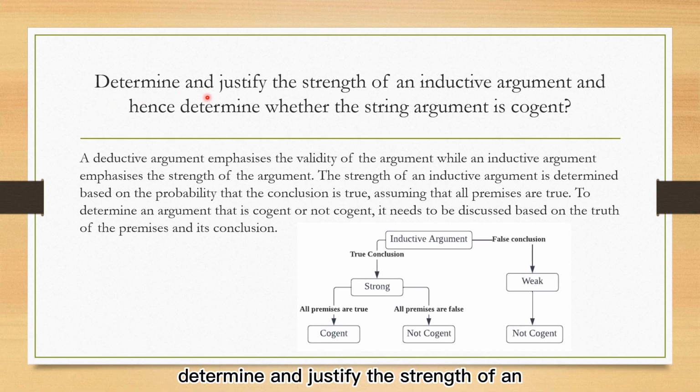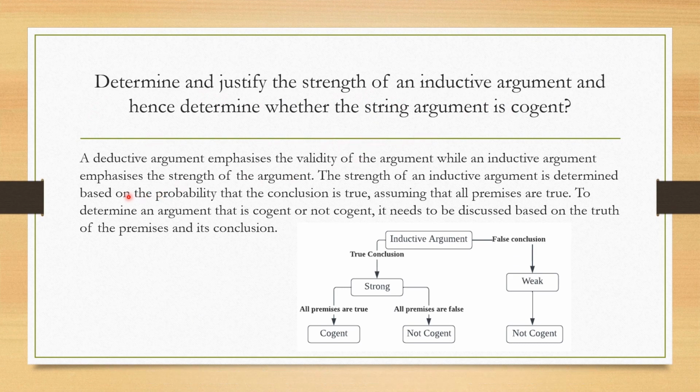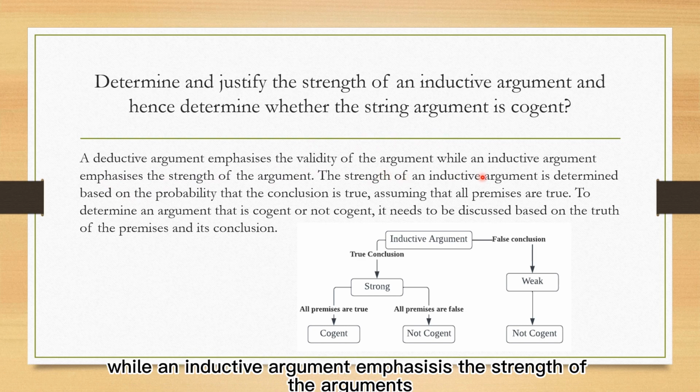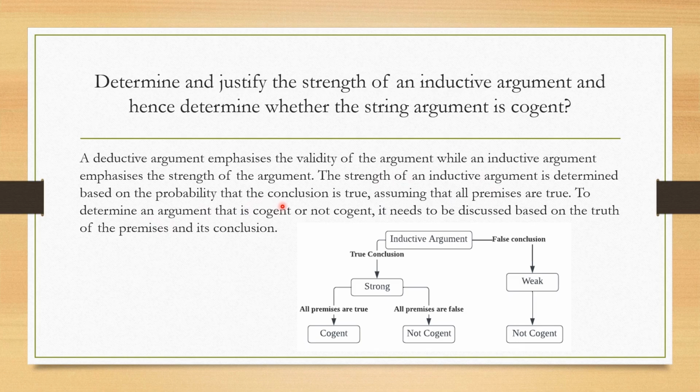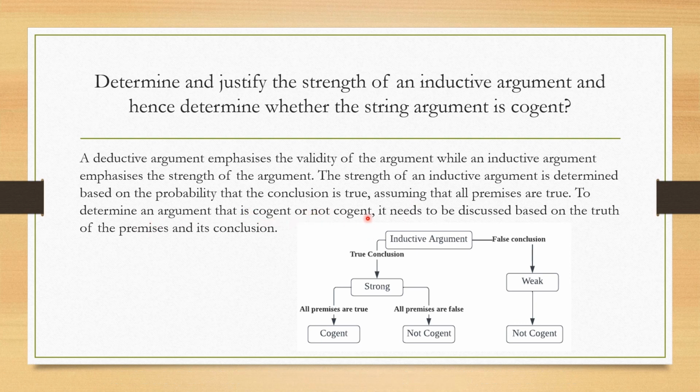Now determine and justify the strength of an inductive argument, and once determined, whether the strong argument is cogent. Inductive arguments imply the strength of the arguments. The strength of an inductive argument is determined based on the probability that the conclusion is true, assuming that all premises are true.